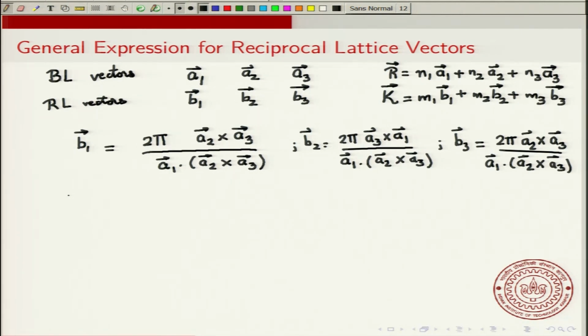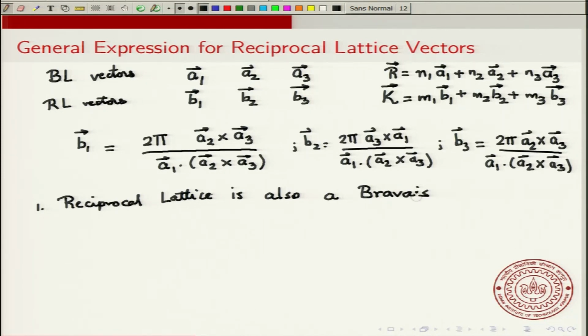Now, a few things about the reciprocal lattice. The first thing is that the reciprocal lattice is also a Bravais lattice, and I cannot emphasize this enough.